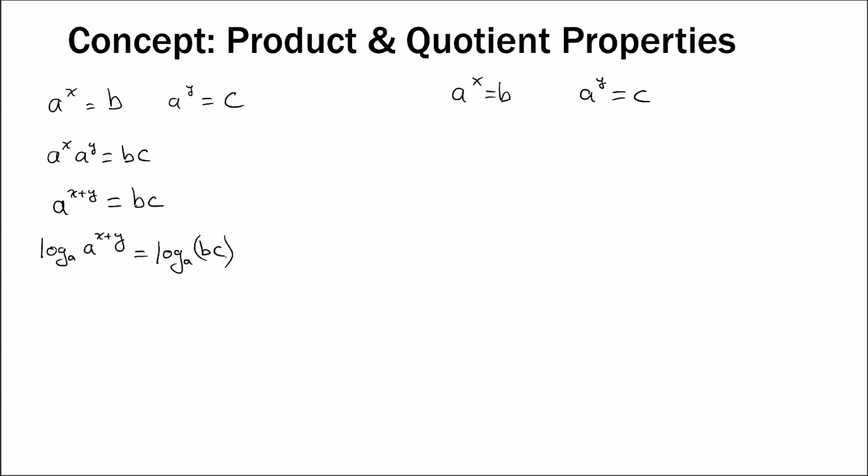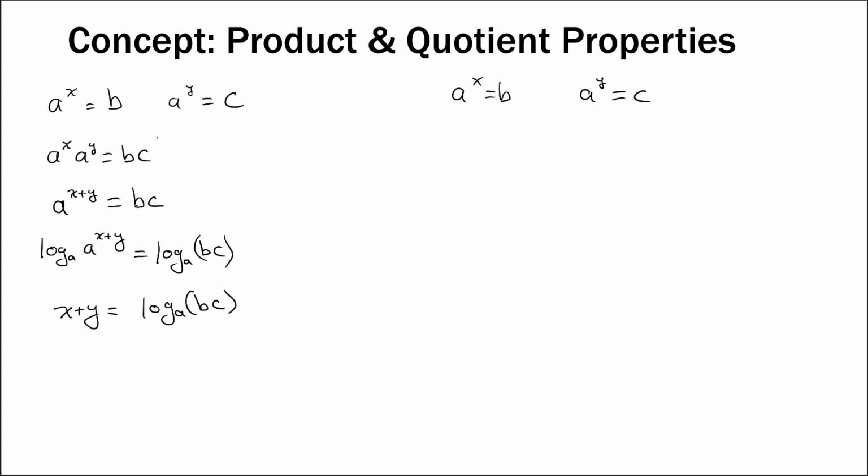Log base a of a is just going to be whatever this exponent is, and we've seen that in a previous video. So that's just x plus y, and that's equal to log base a of b times c. Nothing changes on the right-hand side.